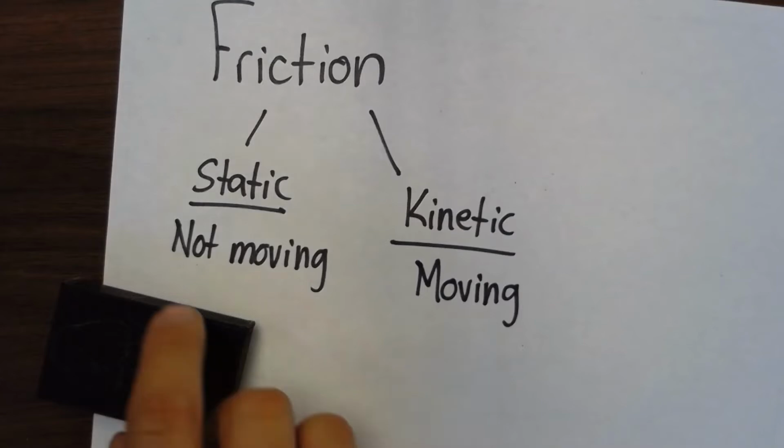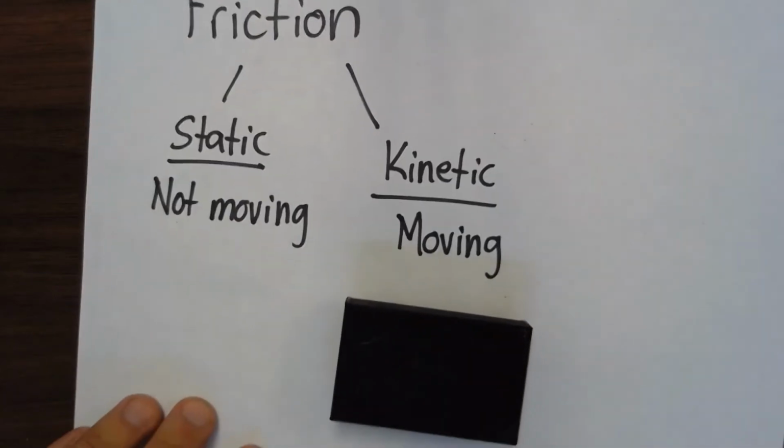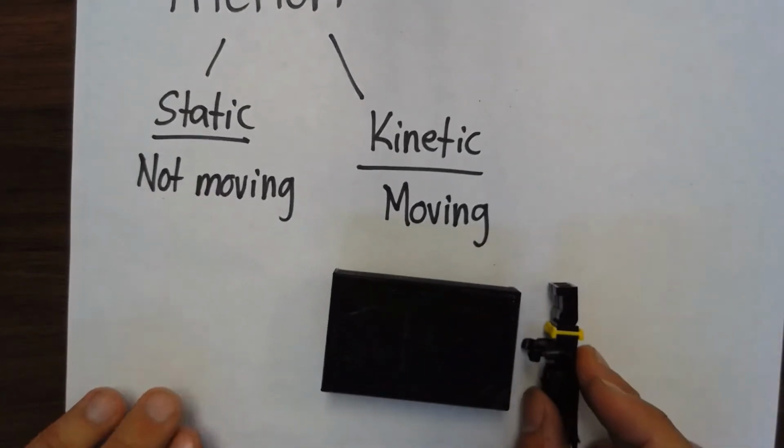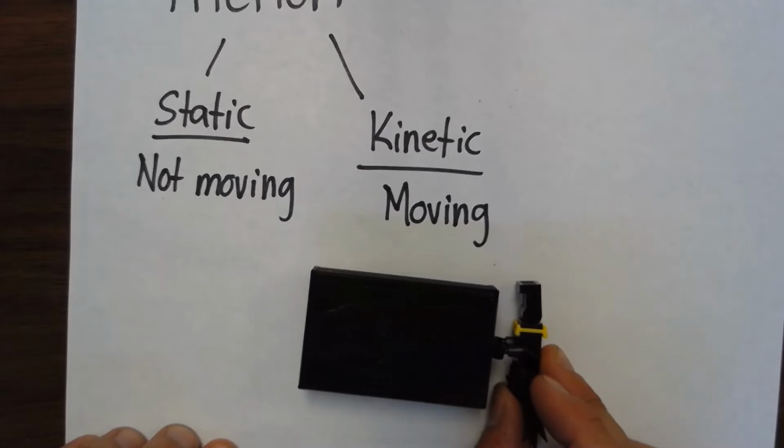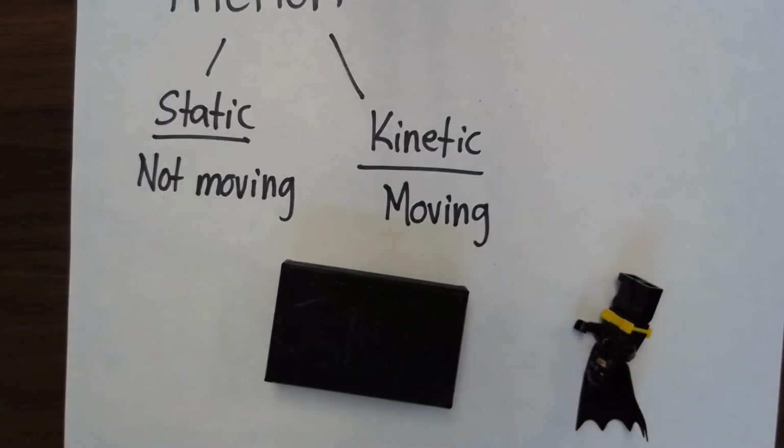Kinetic friction, on the other hand, explains why as he moves it, you can hear that noise going across the floor. So there happens to be a difference between static and kinetic friction, and it's not just that one involves moving and the other one doesn't.